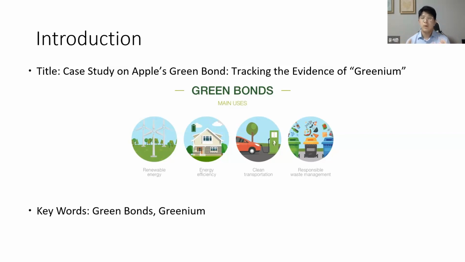So where the money is going to be used, and why we issue the bond, is the difference from conventional bonds. The term green bond is actually very easy because it's very similar to a conventional bond.